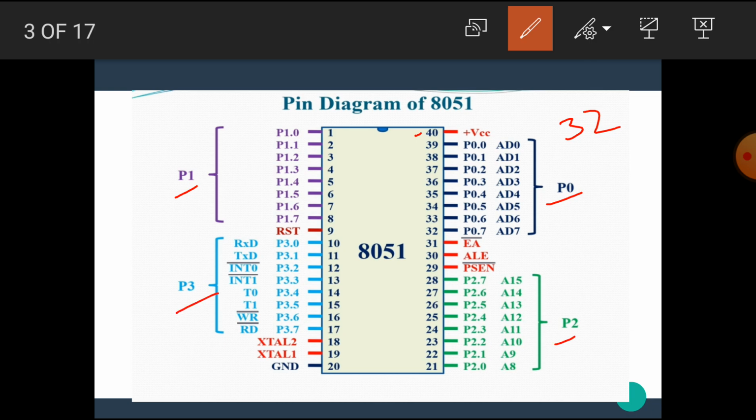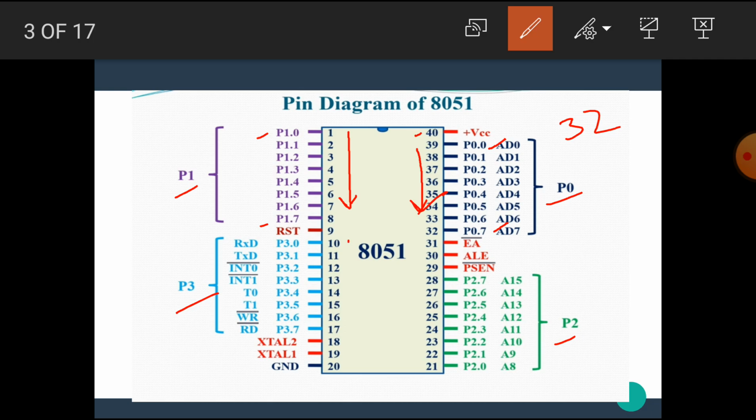If we look at the pin diagram, we notice that the port P0 starts from upper direction and ends at lower direction, that is, here is P0.0 and here is P0.7. Also, P1 starts from upper direction and ends at lower direction, here is P1.0 and here is P1.7.